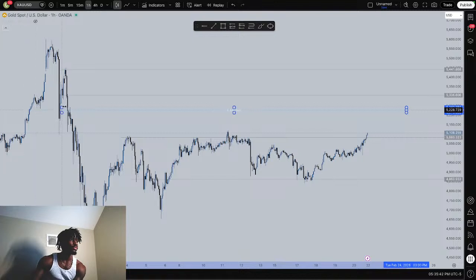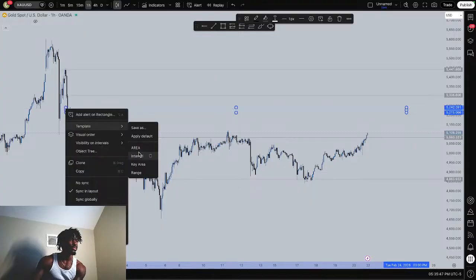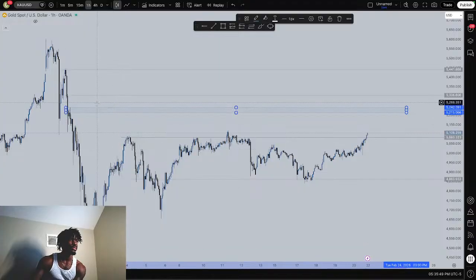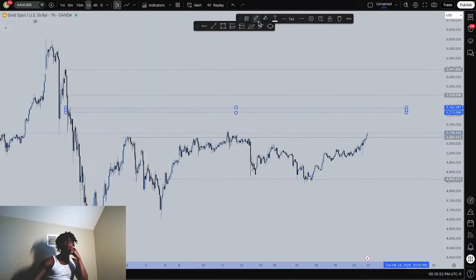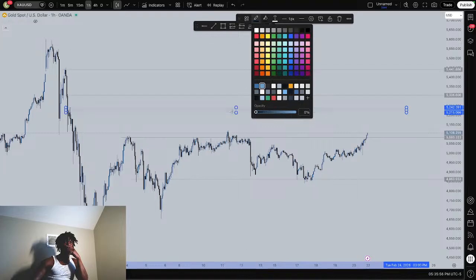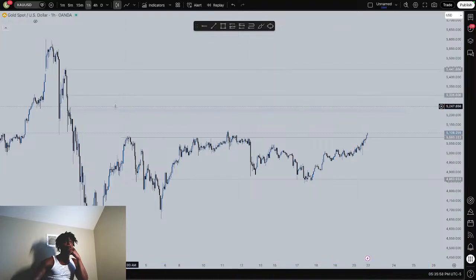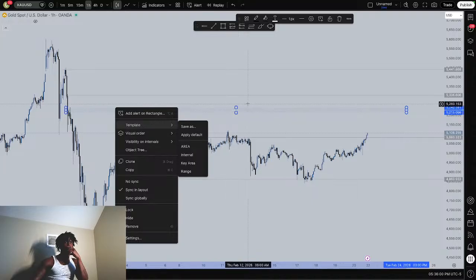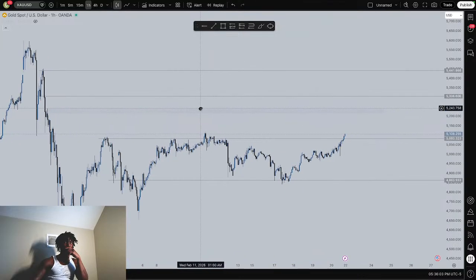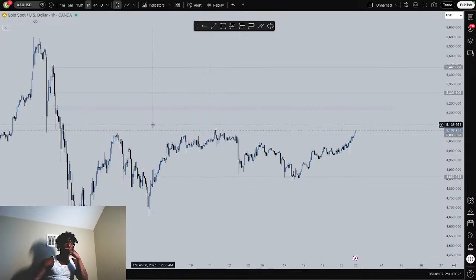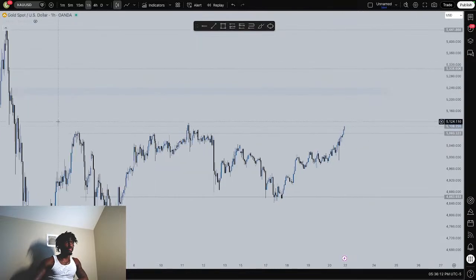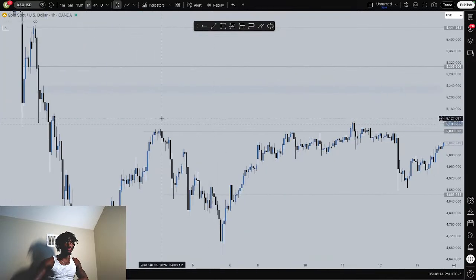I don't like that color. Do you have any other colors? Let me see. I'll keep it like this. So I'm going to look to target on gold. This is another area. Let's see, another area between this as well.